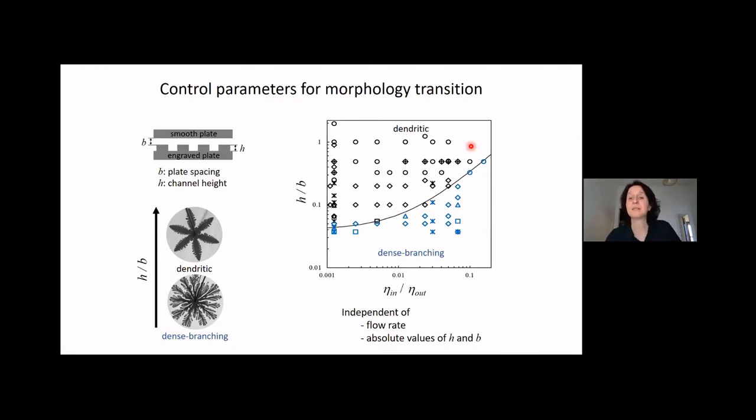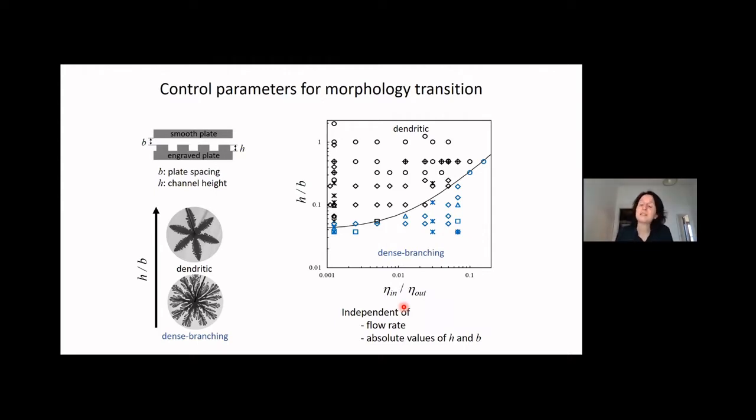So the different symbols you're seeing here denote that this morphology transition is independent of the flow rate and independent of the absolute value of h and the absolute value of b. So it's really just the ratio h over b and now the viscosity ratio that are the two control parameters that govern this morphology transition from dense branching to dendritic growth.